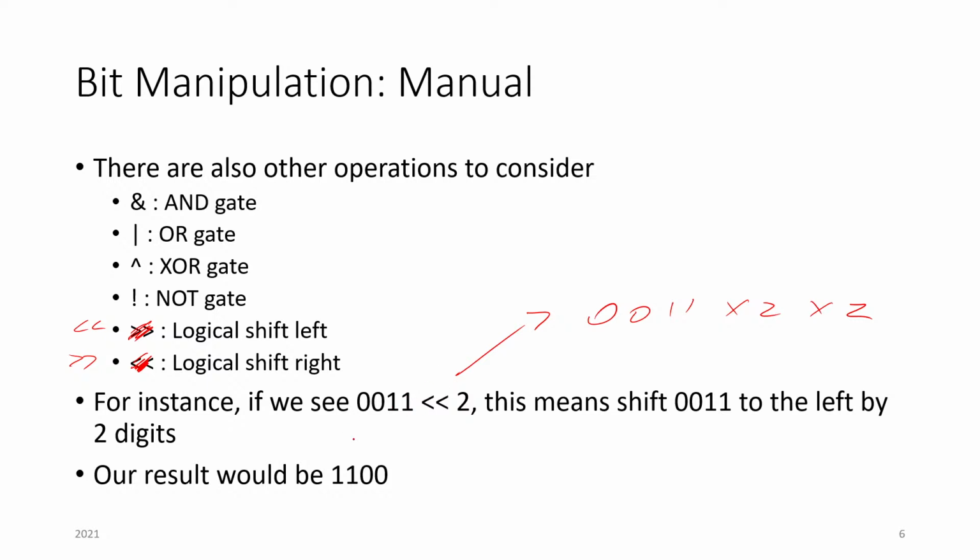And when we do this shift, we'll end up getting 0110 multiplied by 2 equals 1100.